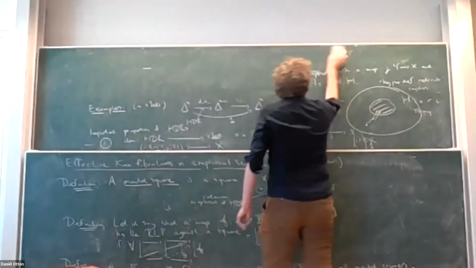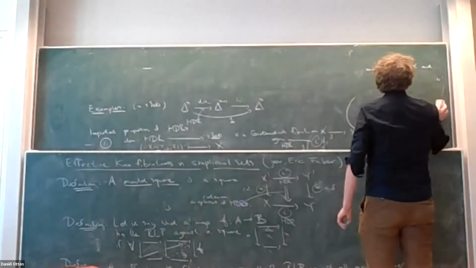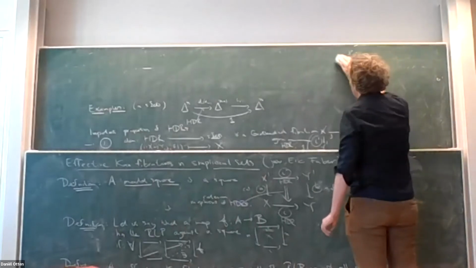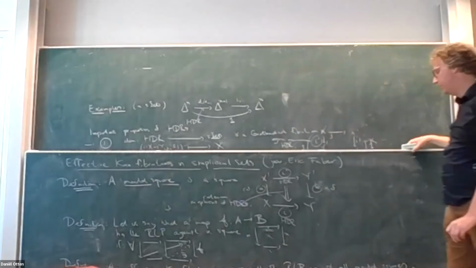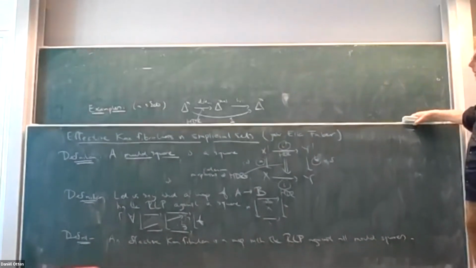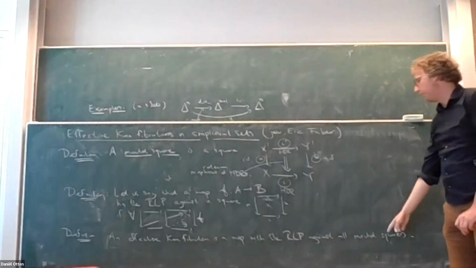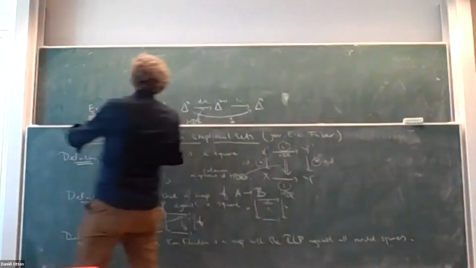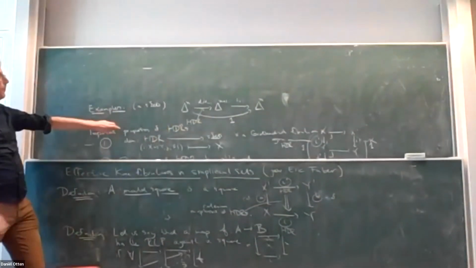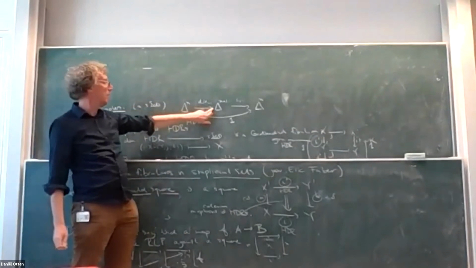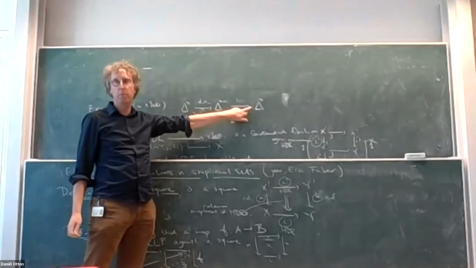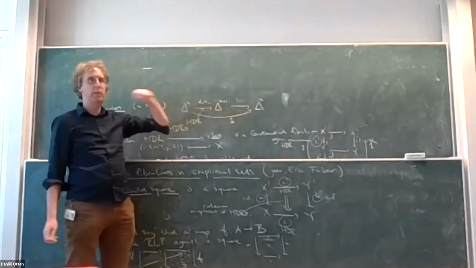So I claim that this implies in particular that effective fibrations are fibrations. Let me try to explain why, if we use this definition. I mentioned that this phase map followed by that degeneracy map is an important example of an HDR situation.